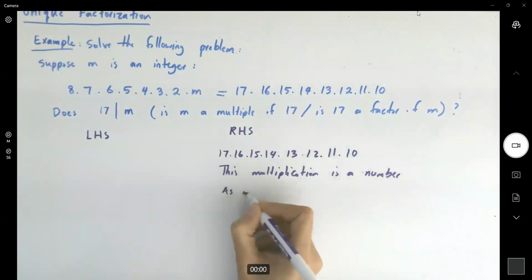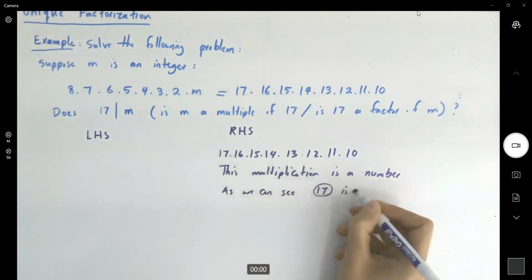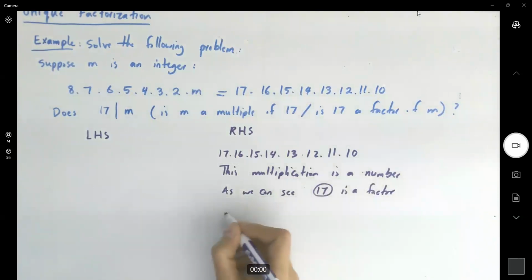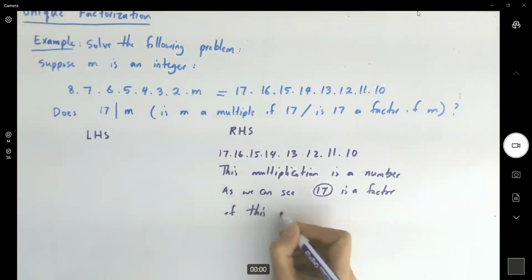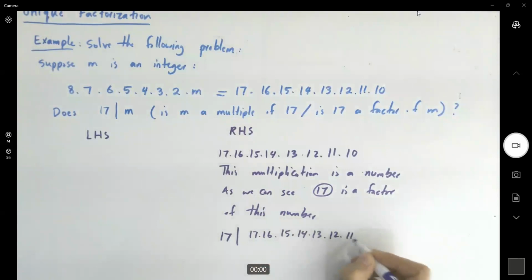It's broken down into the multiplication of some of its factors. As we can see, 17 is a factor of this number. It's obvious, 17 does divide 17 times 16 times 15 times 14 times 13, 12, 11, and 10.